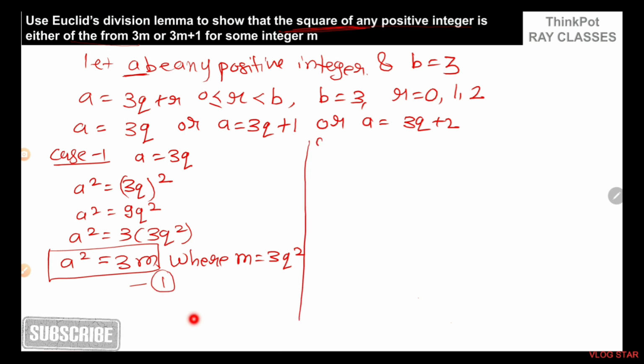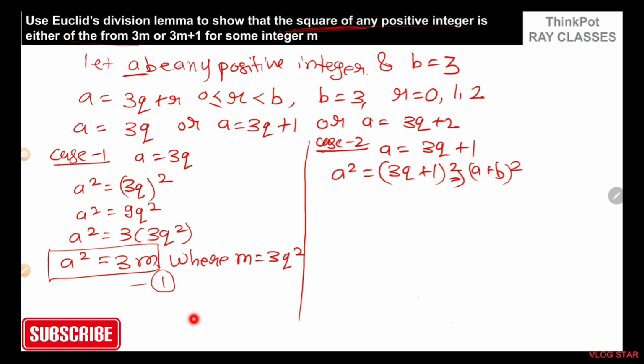Then we can take case 2 where we have a is equal to 3q plus 1. So we can take a square is equal to 3q plus 1 whole square. So we can apply here formula of a plus b whole square. That is, we know is equal to a square plus 2ab plus b square. We are going to apply same formula.